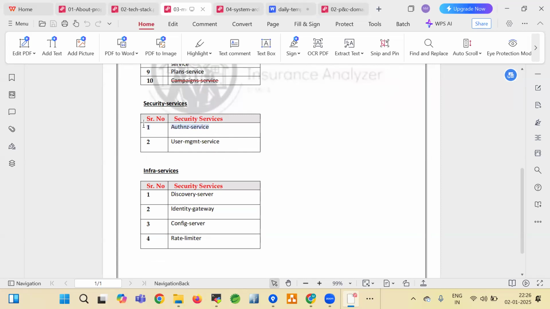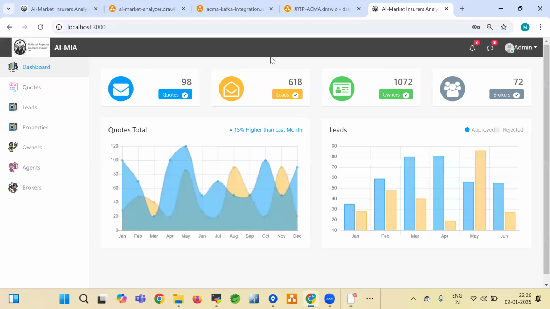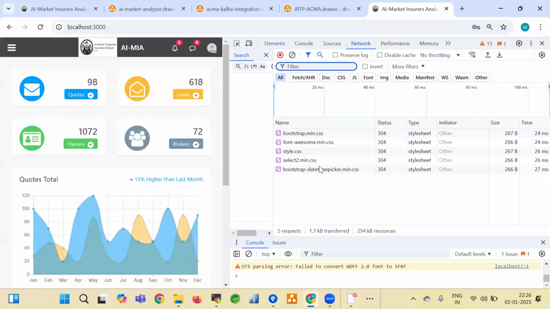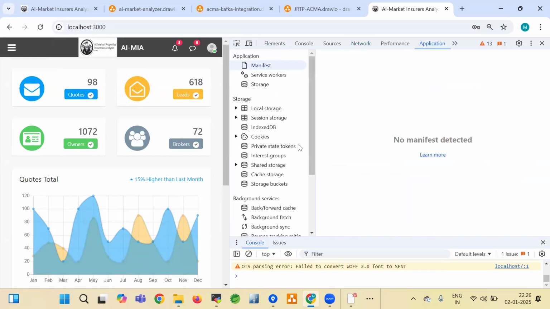And then the authN/Z service redirects the user to our Keycloak IDP, and once the user is authenticated there, gets the authorization token and passes the token back to the UI application in the form of a cookie. If I'm not wrong, we would have a cookie here, ACK cookie.